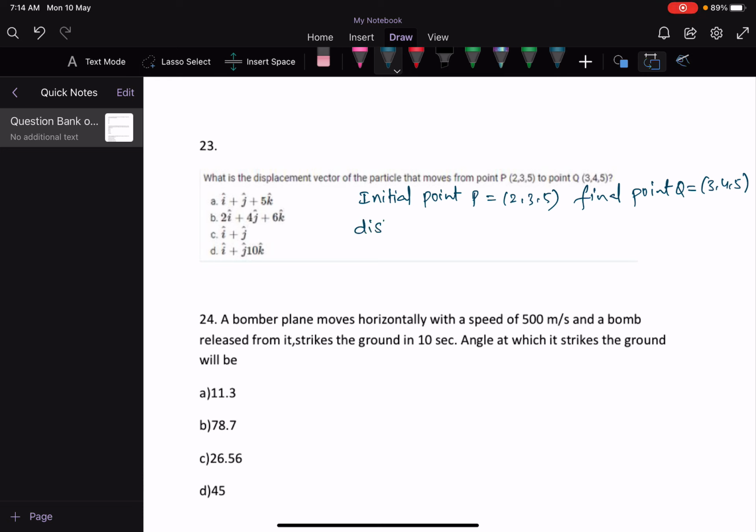Displacement is the final position minus the initial position. So the final is 3i plus 4j plus 5k minus the initial, which is 2i plus 3j plus 5k. Okay, so the answer is 3 minus 2, which is i.